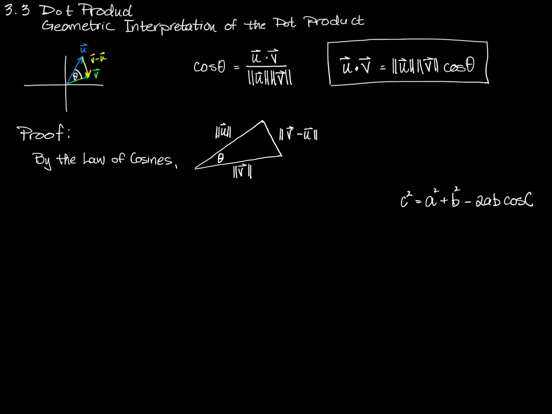So, by the law of cosines, the magnitude of v minus u squared is equal to, now it doesn't matter which side I put as A and which as B, so I'm going to put them in alphabetical order as in the formula: magnitude u squared plus magnitude v squared minus 2 times the magnitude of u times the magnitude of v times cosine theta.